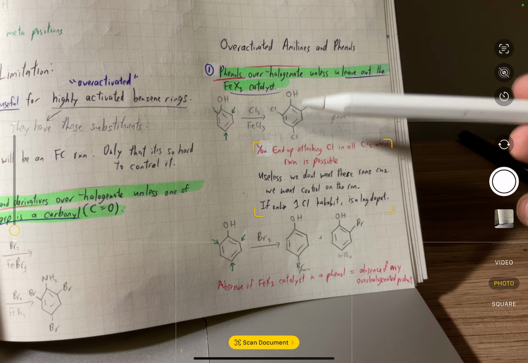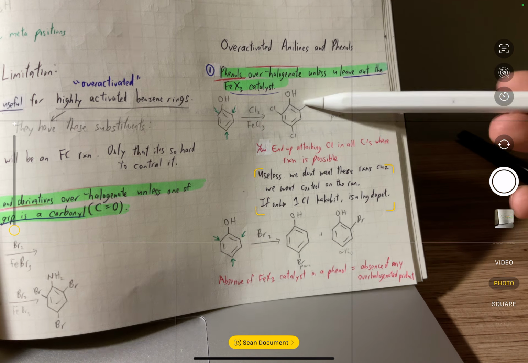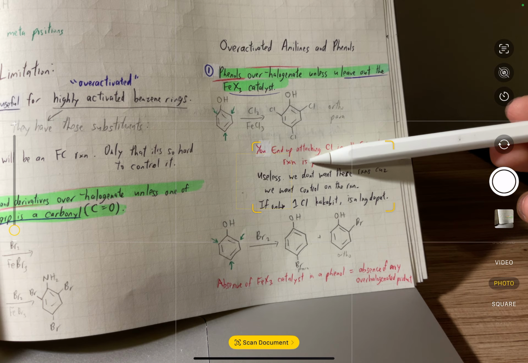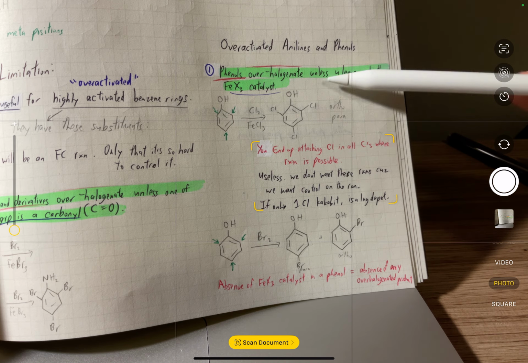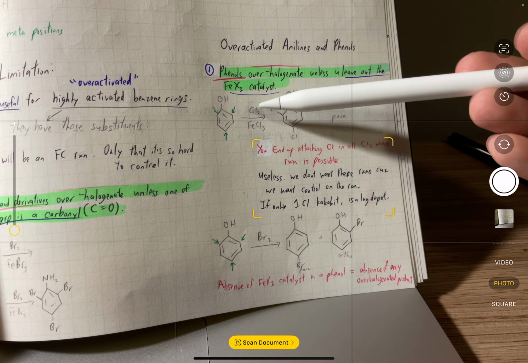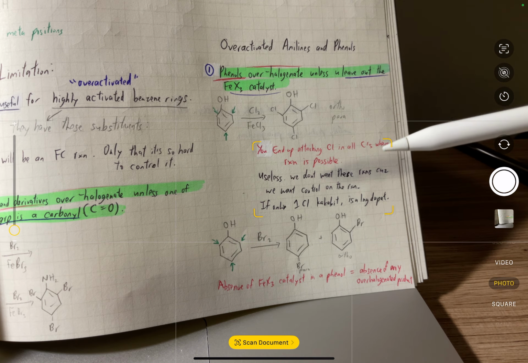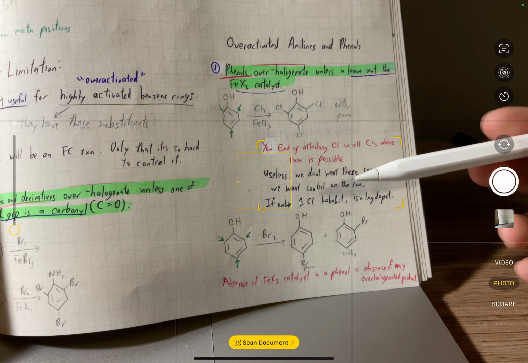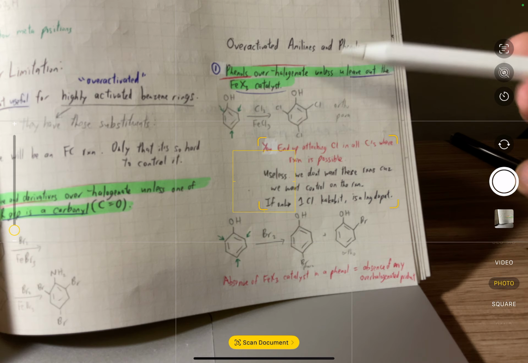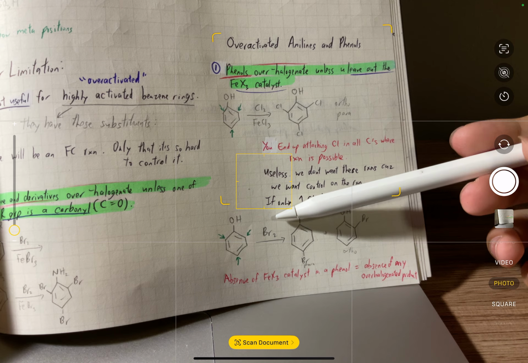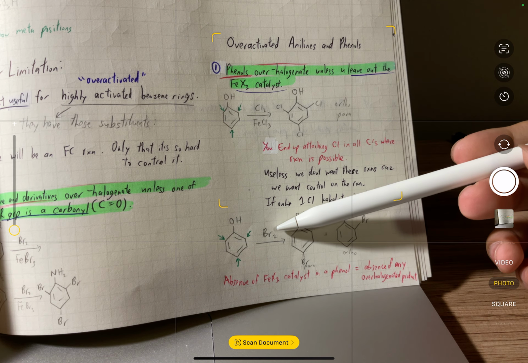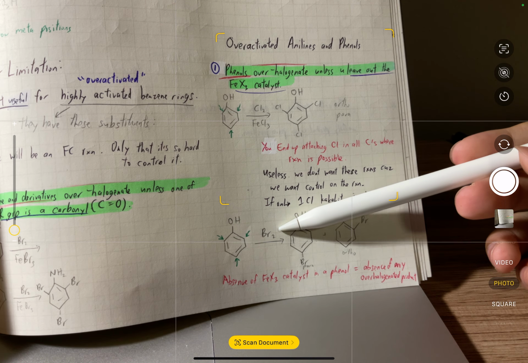In organic chemistry, this is basically useless. We don't want these reactions because you want to control the reaction. If only one chlorine is to be added, it should only be one. You want control over the reaction. So if you leave out the FeX3 catalyst, let's just say you added bromine. Bromine, Cl, same thing.